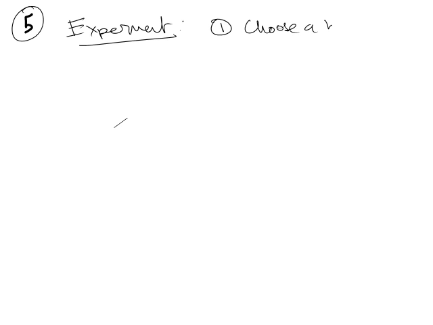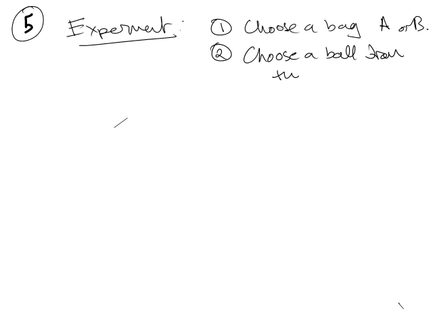Now we're going to solve number 5, which is a probability question. It says we do this experiment where first you choose a bag, and the bags are called A or B, and then choose a ball from the bag. The bags have different distributions of balls.